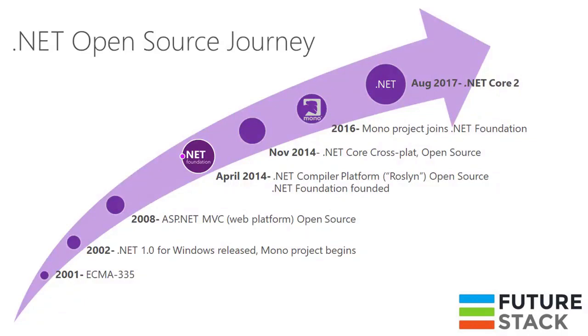Let's talk about the .NET open source journey. After seeing this chart, this journey, you might be shocked, because it started in 2001 with ECMA 335, initiated I think by Microsoft. Then in 2002 came .NET 1.0 for Windows, and the Mono project began. Then in 2008 ASP.NET MVC and web forms became open source.